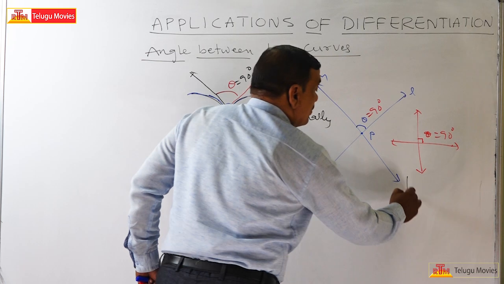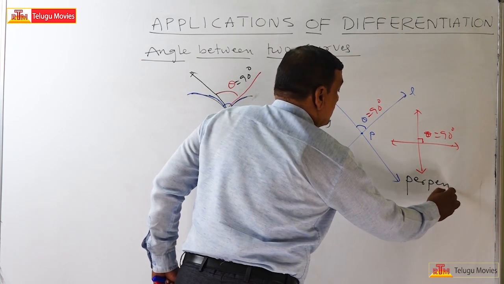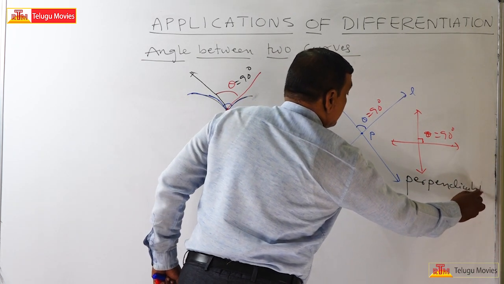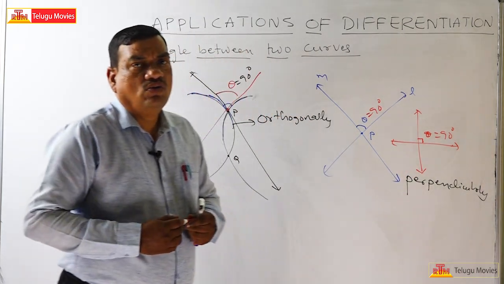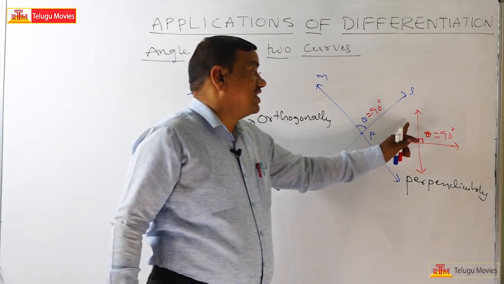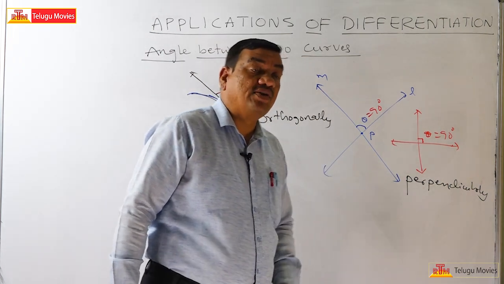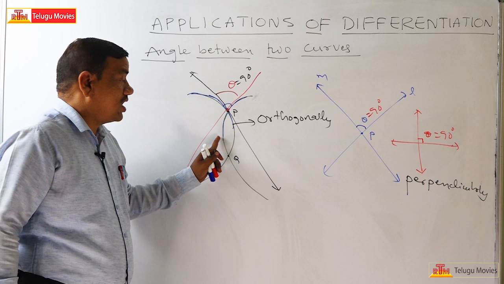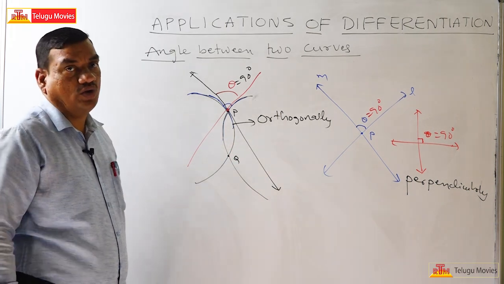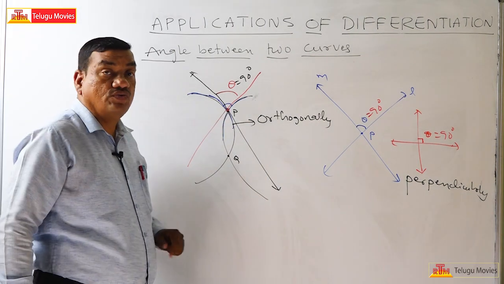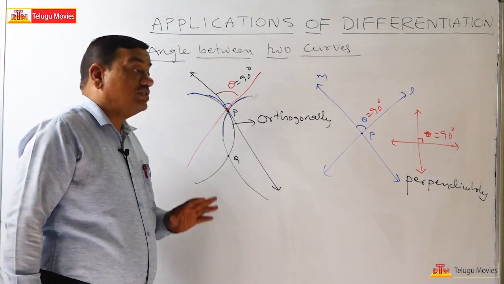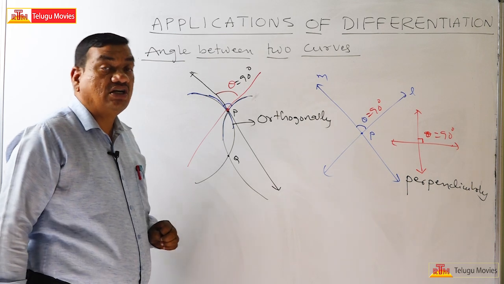Here perpendicularly, here orthogonally. Both concepts are the same. If straight lines are there, we call them perpendicular. If curves are there, we call them orthogonal. So what is meant by orthogonally? If the angle between two curves is 90 degrees, then we say that the two curves intersect orthogonally.